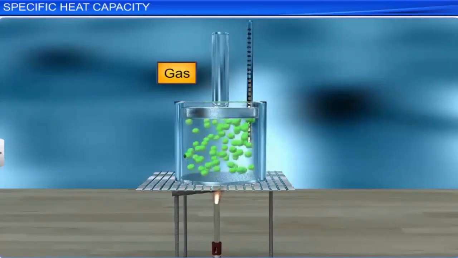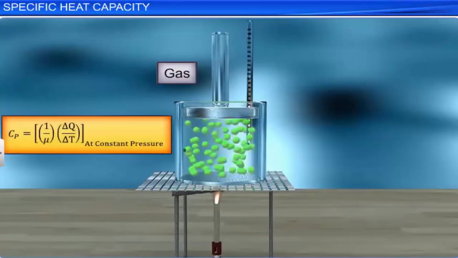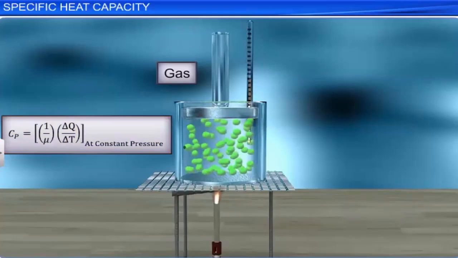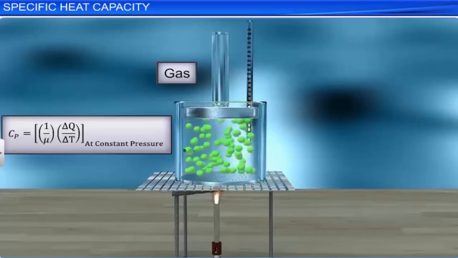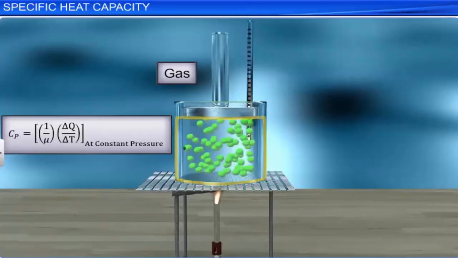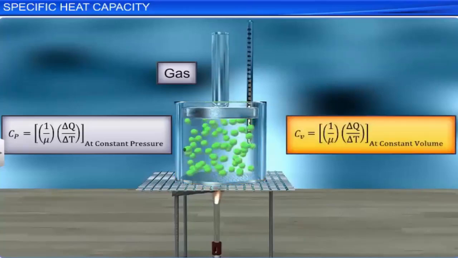Cp is equal to 1 by mu into delta Q by delta T at constant pressure. The molar specific heat capacity at constant volume, denoted by Cv, is the heat required to raise the temperature of 1 mole of a given gas at constant volume by 1 unit. Cv is equal to 1 by mu into delta Q by delta T at constant volume.